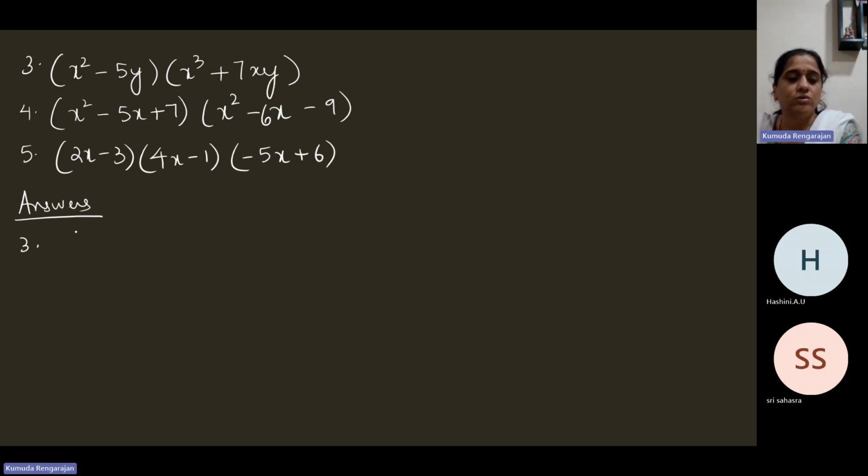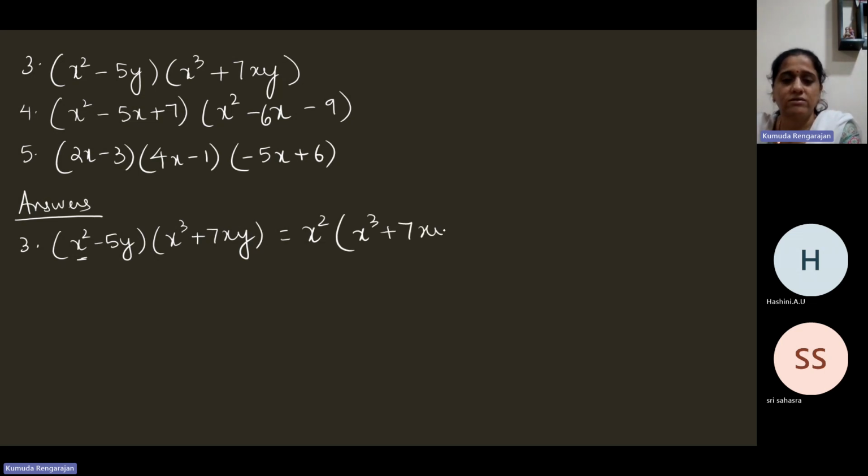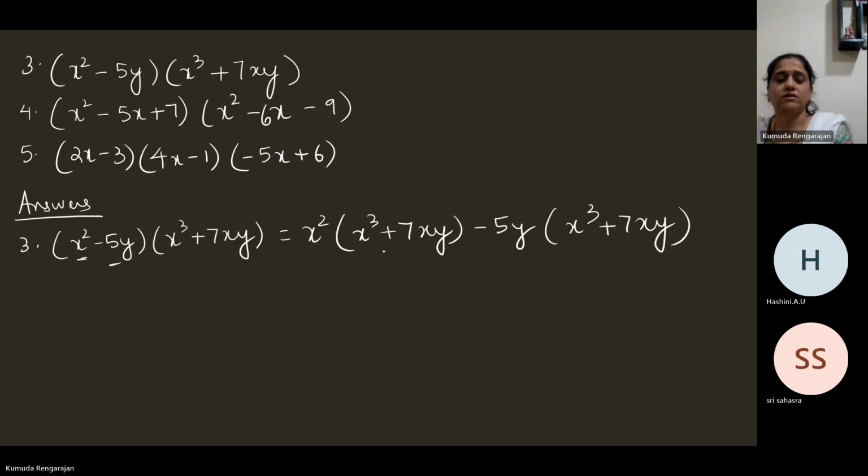Okay, so this is binomial into binomial. Multiply the first term x squared with the second bracket, and multiply the second term of the first bracket with the second bracket. There are two brackets.